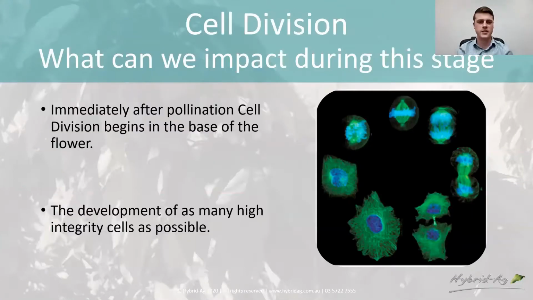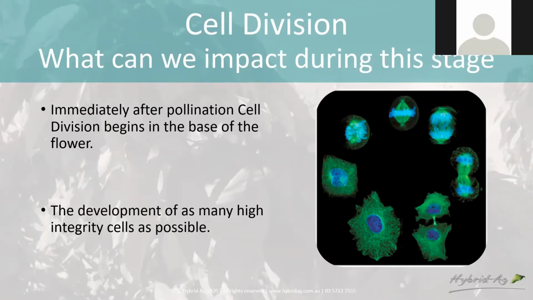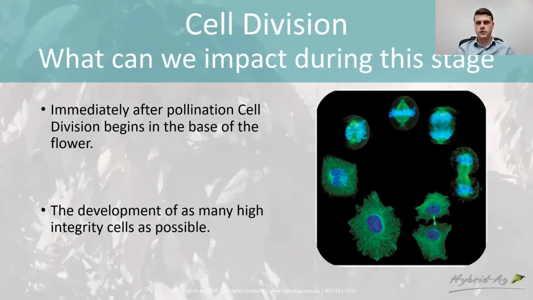Good afternoon, everyone. We have flowering at the beginning of the season, and then pollination. As Russell mentioned, we have a stage known as cell division very closely after pollination. It starts almost immediately after that successful pollination, and it only lasts a very short amount of time.